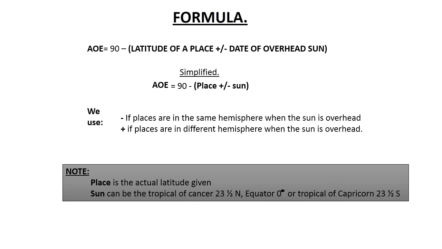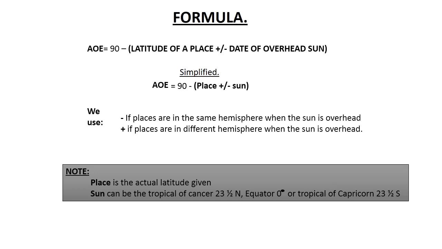That's why I said take note of the dates. If it's on 21st of December, that means the sun is in the southern hemisphere, on 23.5 degrees south. So that's what to put here.